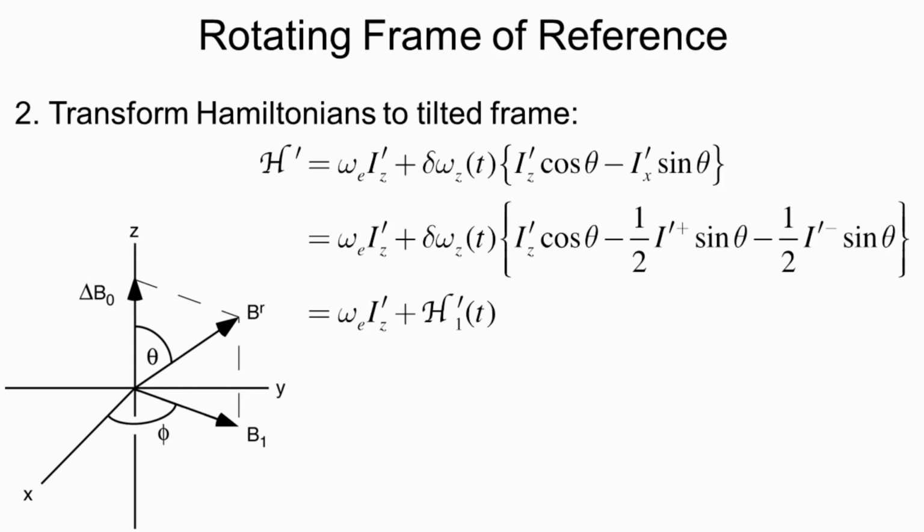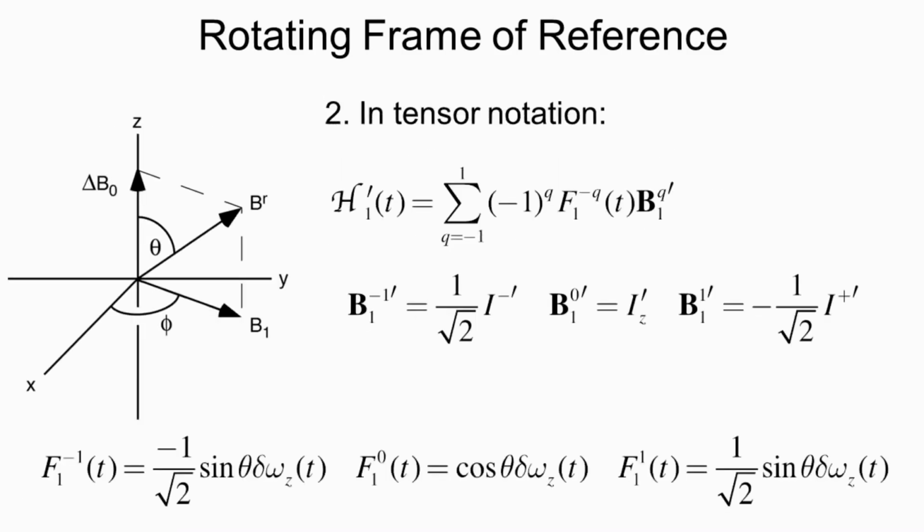Having done this, we can cast things back into our Redfield picture, in which we have the fluctuating Hamiltonian expressed in terms of the stochastic functions f and then the spherical tensors b.